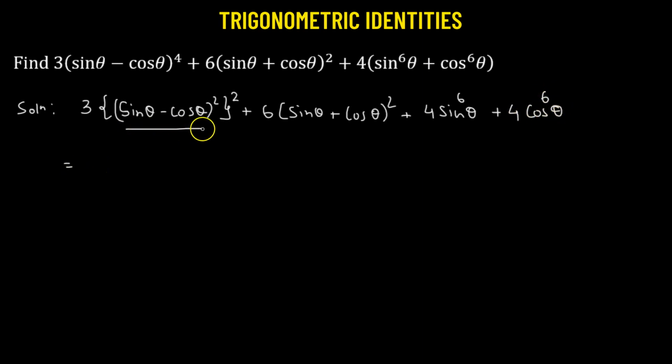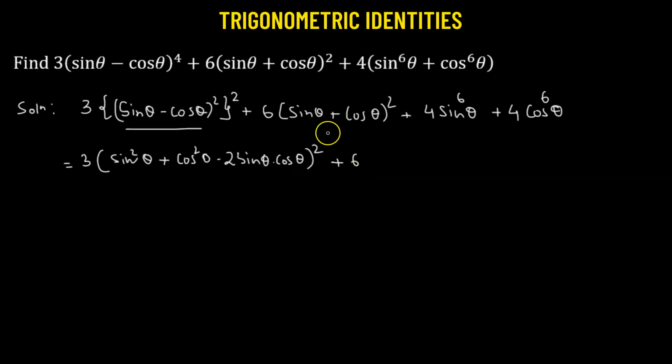So let's expand (sine theta minus cosine theta) whole squared. So we have 3 multiplied by (sine squared theta plus cosine squared theta minus 2 times sine theta times cosine theta) whole squared. Here we have used (a minus b) whole squared equals a squared plus b squared minus 2ab.